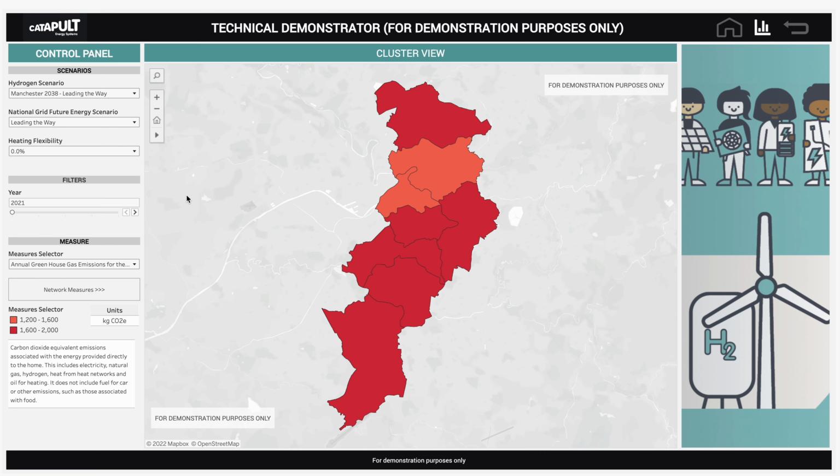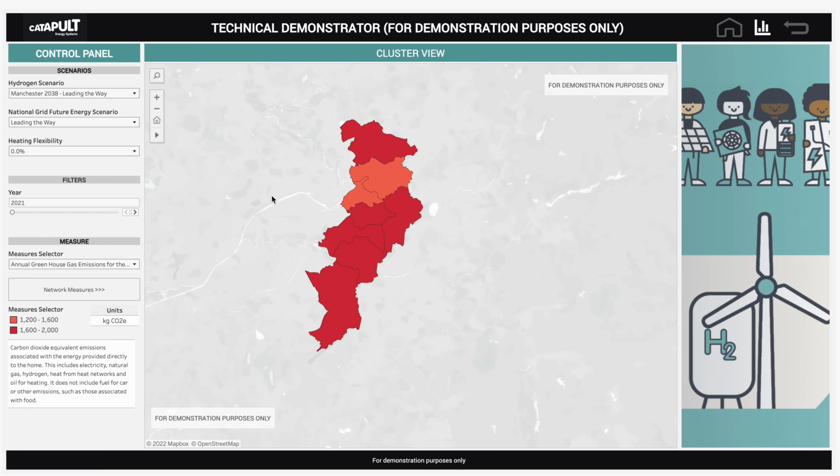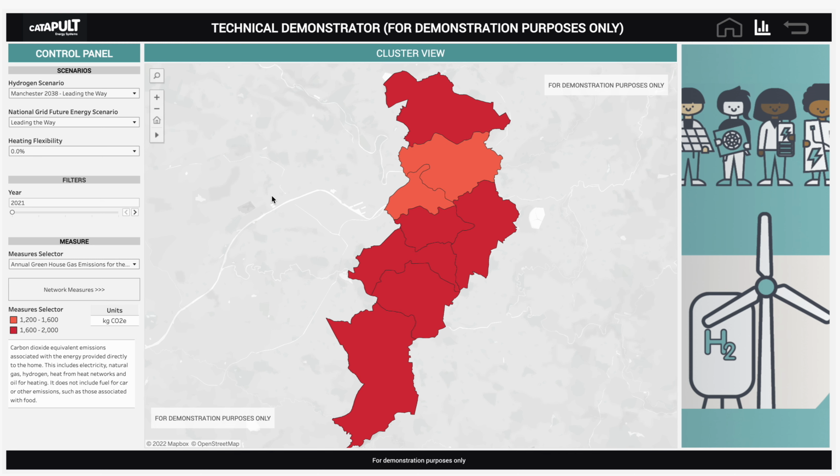So with that said, let's get into the demo itself, and we're going to start off with greenhouse gas emissions, and I should probably just explain the layout a little bit.